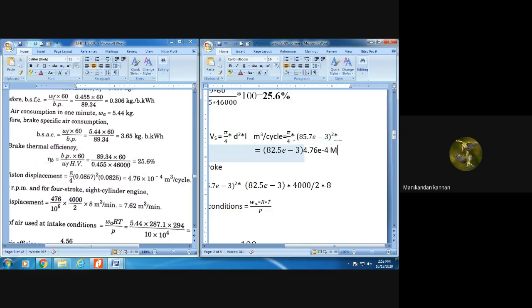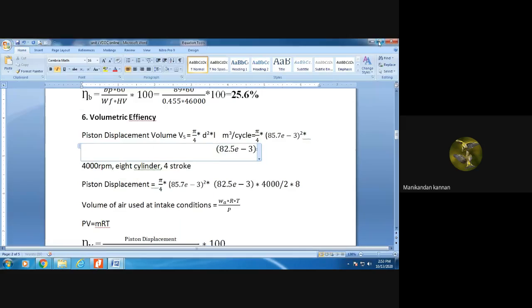Pi by 4 d squared into L. Okay, this answer will not come. Whereas this one will be equal to... the volume answer will be here equal to 4.75 into 10 to the power minus 4. Okay, let me present it well.